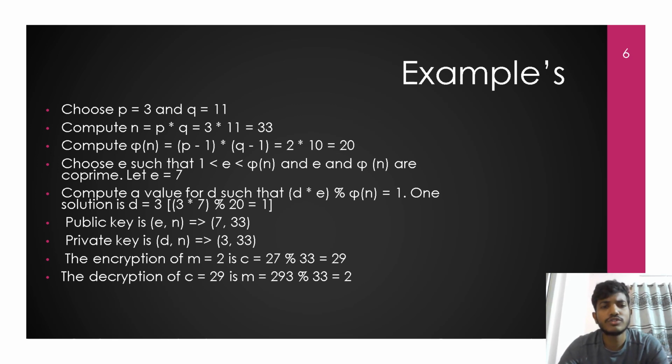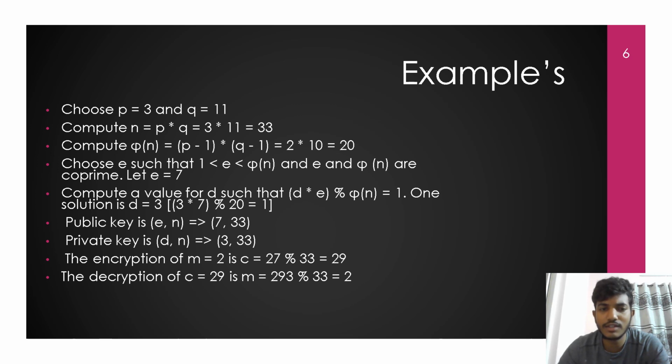Choose p equals 3 and q equals 11. We choose p as a prime number and q also a prime number, not equal to each other. We compute n, where n is equal to p times q, so 3 into 11 is equal to 33.